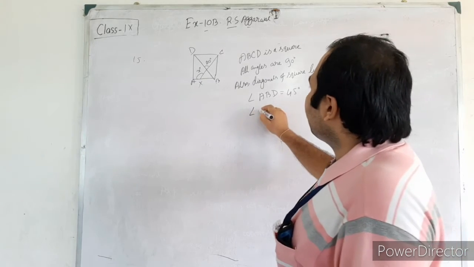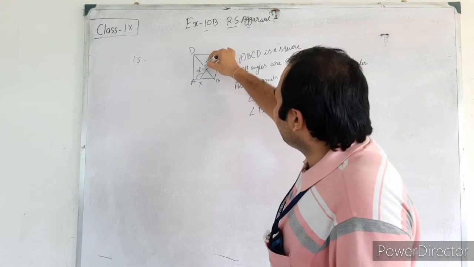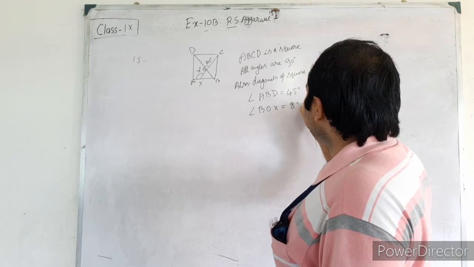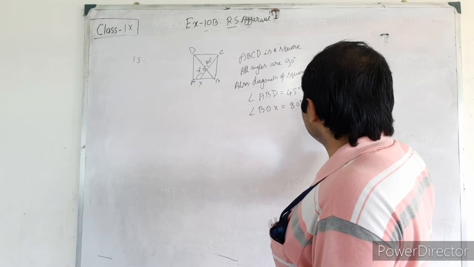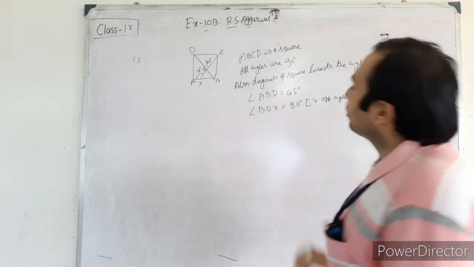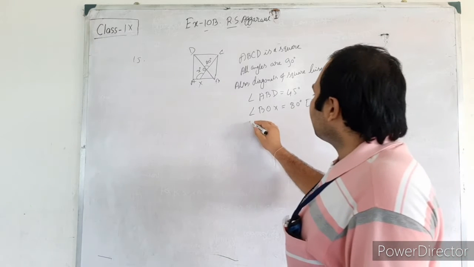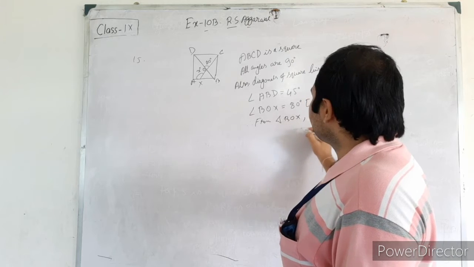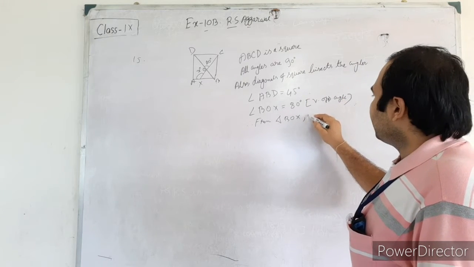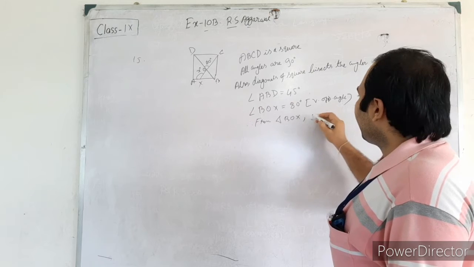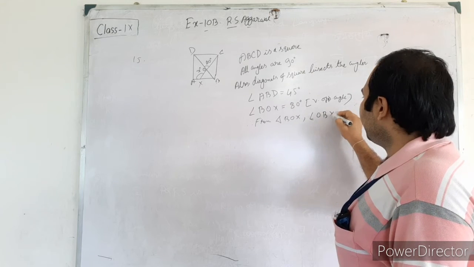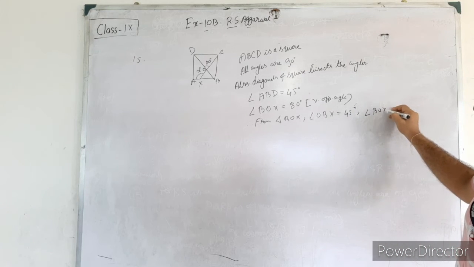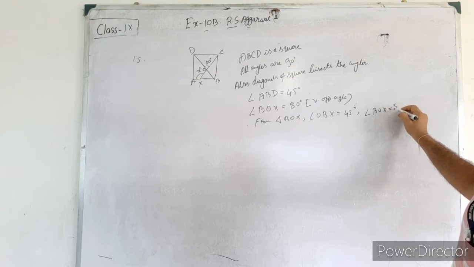Okay, if the name is O here, angle BOX equals 80 degree because of vertically opposite angles. So from triangle BOX we have angle OBX equal to 45 degree, angle BOX equal to 80 degree.